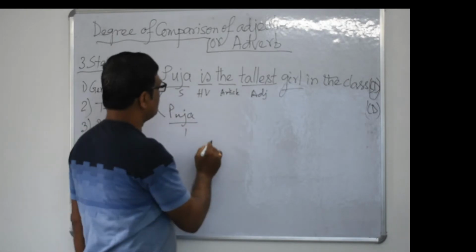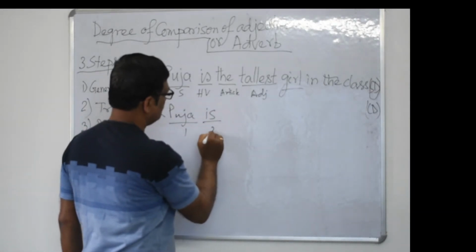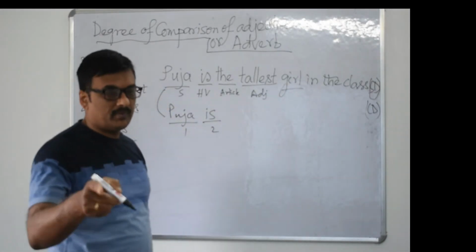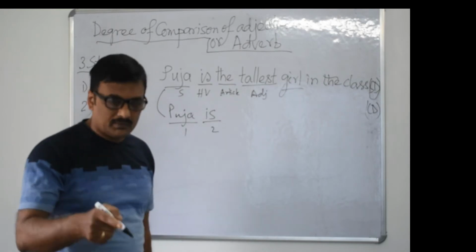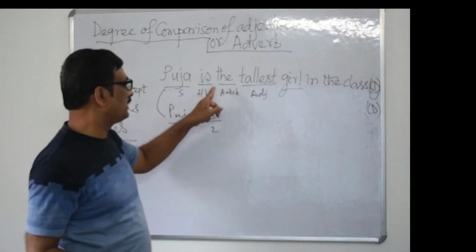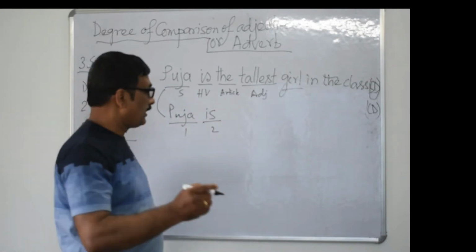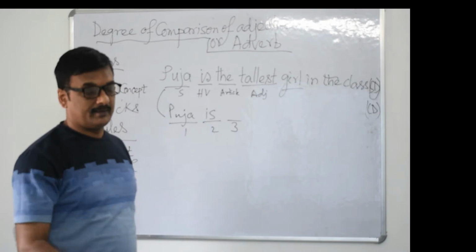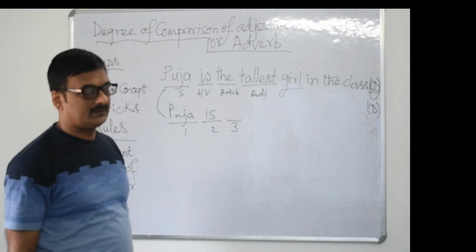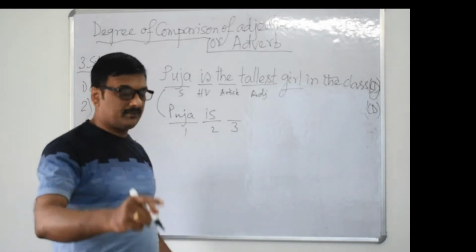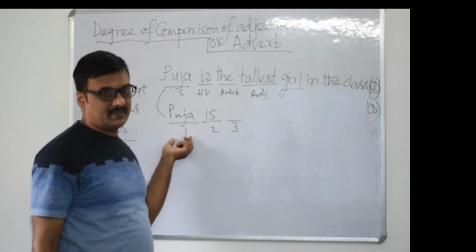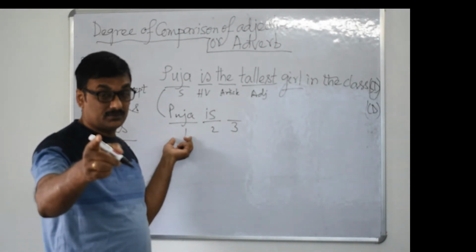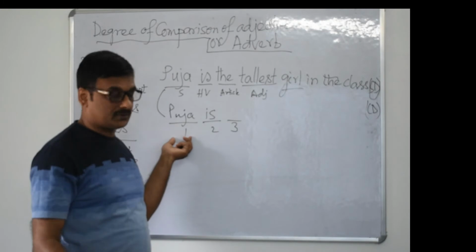So Pooja is, this is number 2. The helping verb or auxiliary verb, whatever verb has been used in the superlative degree will remain the same. At number 3 stage, in comparative degree, what is used? After that, in comparative degree, at first the subject is used. We are getting the rules. We are slowly moving towards the rules.